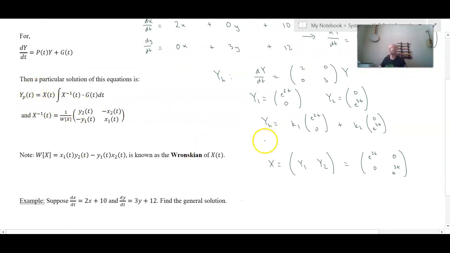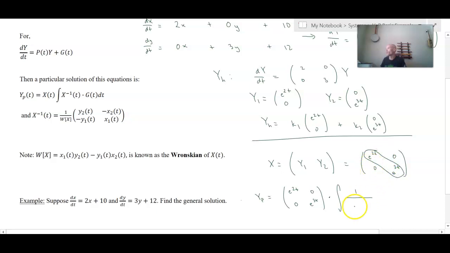To find the particular solution, which is what we're after now, y sub p is going to be the X matrix, which is e to the 2t, 0, 0, e to the 3t, times the integral of X inverse, where X inverse is 1 over the Wronskian. 1 over the Wronskian is the product of these two diagonals, e to the 2t times e to the 3t, minus the product of the other diagonals, which is just minus 0, times the matrix with these two diagonal components switched, so e to the 3t, e to the 2t, and the other components just get negated.